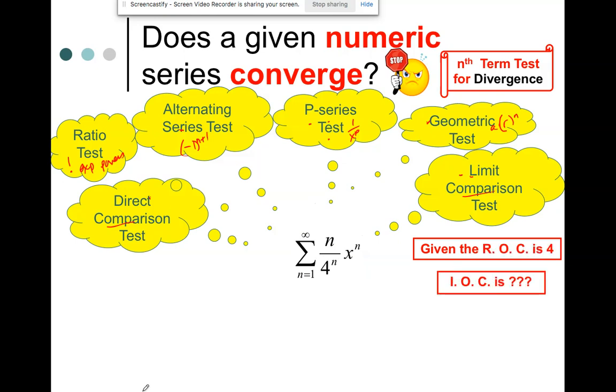So let's go back to the problem I was doing, right? Here was my given power series. So the directions were, find the radius of convergence of this power series. I saw that the center was 0.